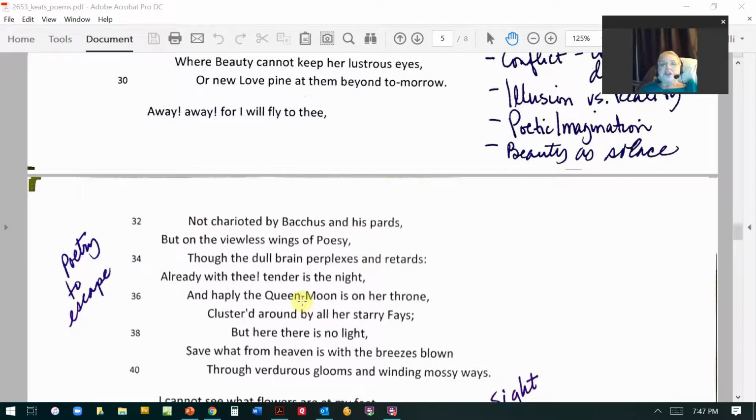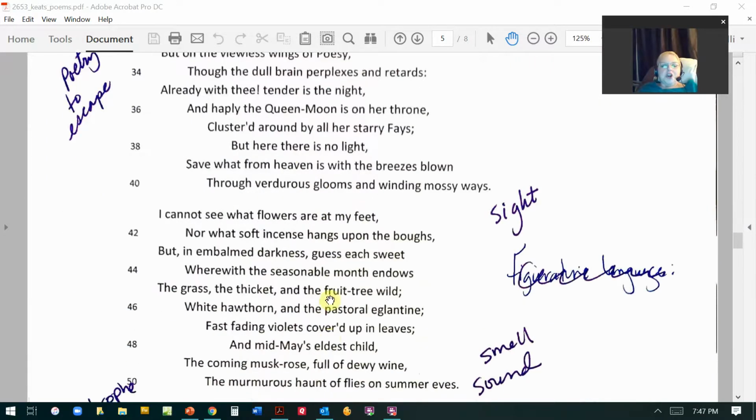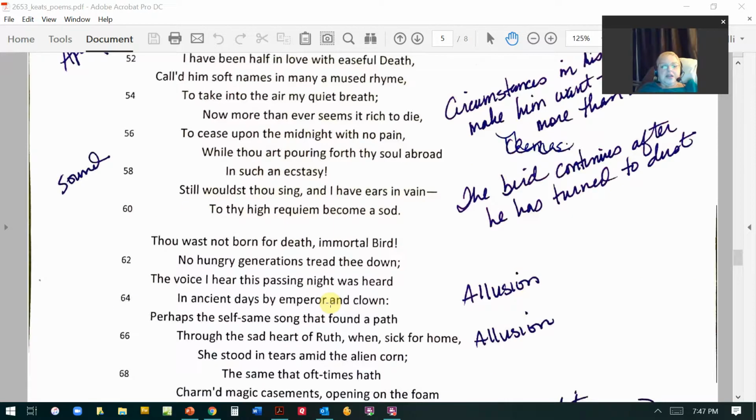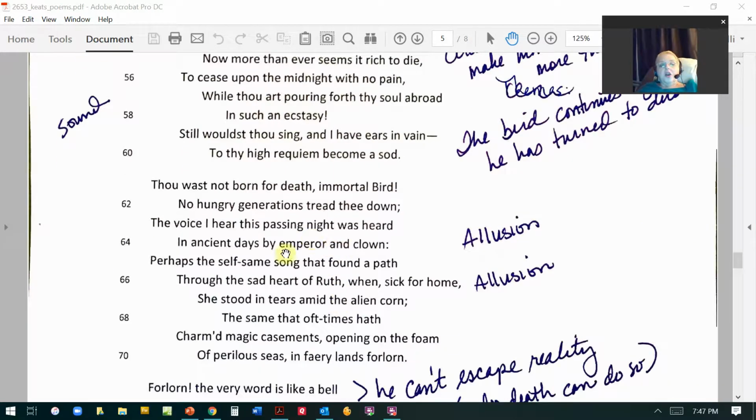If you've read Romeo and Juliet, Mercutio has that very famous speech about Queen Mab and all of her starry phase. So here, the reference to emperor and clown, there's a very famous story about an emperor who loved the sound of the nightingale, but when he saw the bird, I think it was an emperor in Byzantine, a nightingale is a very plain bird, right?